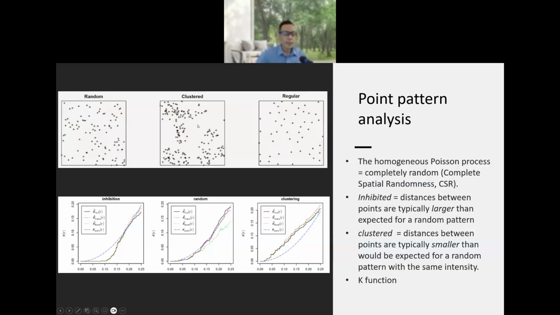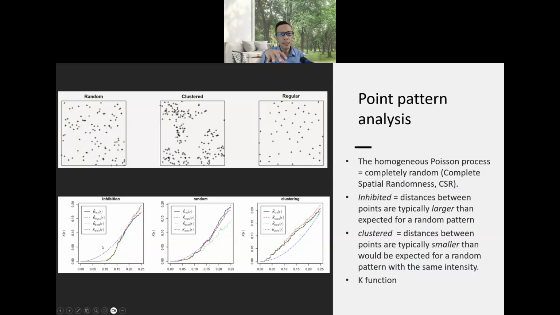If the disease shows clustering, then when you do the K function analysis, you will see that the K function lies above the homogeneous Poisson process, the blue line.